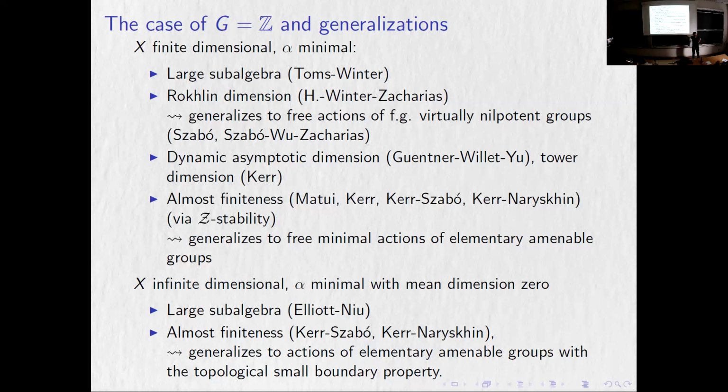They actually proved it's Z-stable, using again large subalgebra techniques. And this was improved, not exactly mean dimension 0, to actions which have the so-called topological small boundary property, which in the case of Z actions will be the same, but as far as I know it is not known what happens more generally, using this almost finiteness technique. So that's the story here.